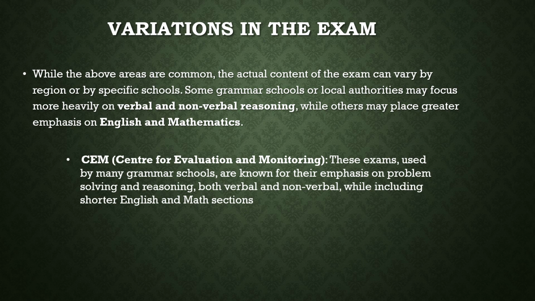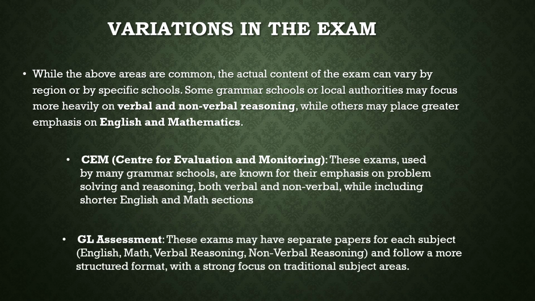The very first one is CEM, which is the Centre for Evaluation and Monitoring. These exams are used by many grammar schools and are known for their emphasis on problem solving and reasoning skills, including verbal and non-verbal reasoning. Plus, they have shorter English and maths sections.